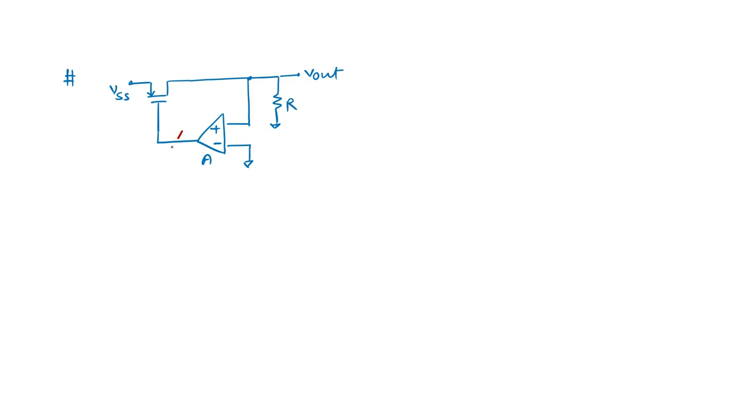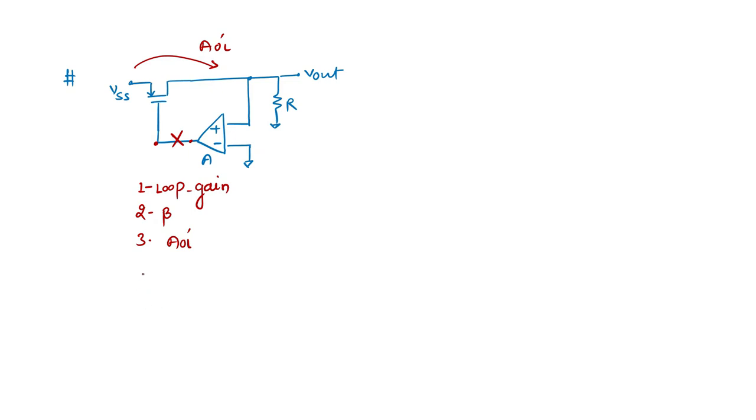If we break the loop here, apply a source voltage here, and observe the feedback here, we can calculate the loop gain. We can also calculate the beta. Third, you can also calculate the open loop gain, AOL dash, where I want to see the gain from input to output.